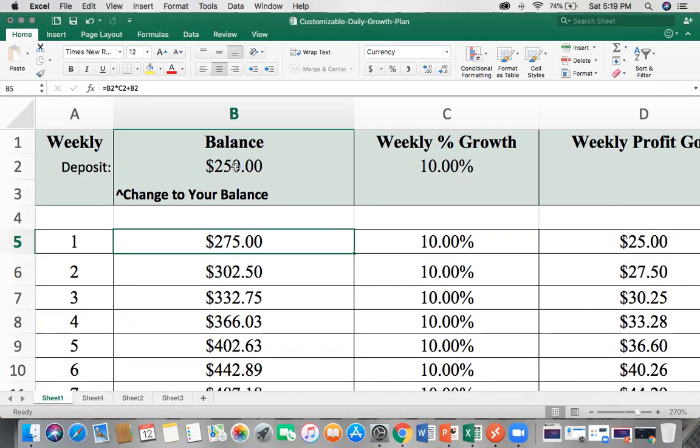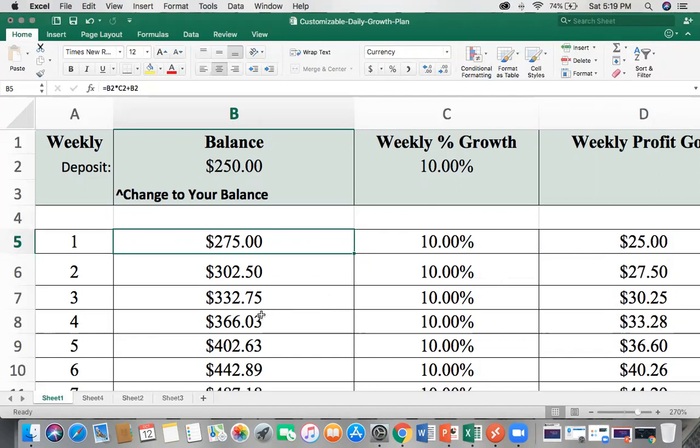Based on the weekly goal that I'm looking for, because what you want to see is weekly goal reached, you can see at the end of the week this is the potential that it could have, okay? So after week 1, you can see your account possibly make $25. Week 2, possibly $27.50, $30.25, $33.28.